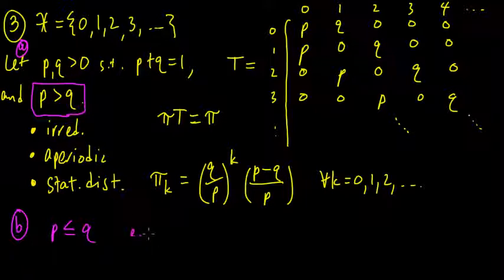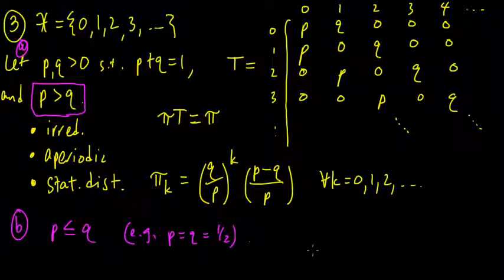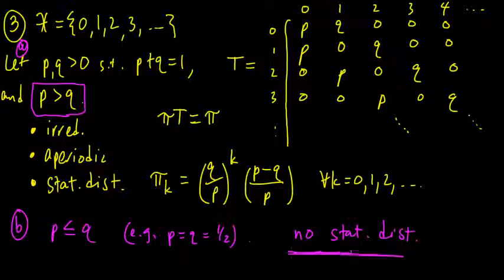For example, p equals q equals 1/2. Then it's still irreducible and aperiodic. That's not hard to check. But it has no stationary distribution. So it's possible for it to have no stationary distribution. And the reason is that the mass is sort of escaping off to infinity here.